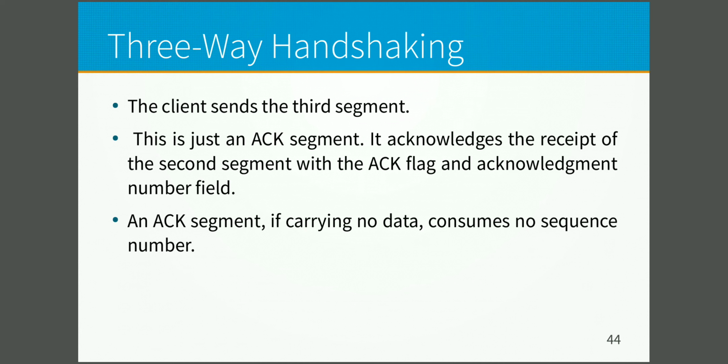Okay, so by exchanging these three segments, the connection has been established between the client and the server, and because these three segments are involved between the client and the server to establish a connection, we call this a three-way handshake connection establishment.